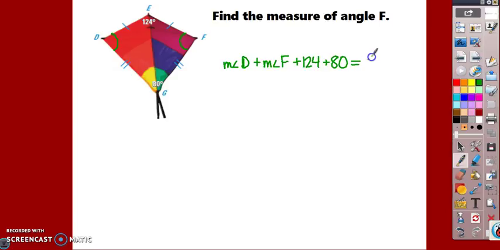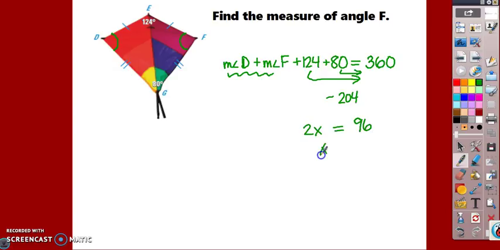N minus 2 times 180 should add up to 360. 4 right angles would make that. So that means that these 2 angles, if you subtract those over, are going to add up to, what do we have here? 204. So you subtract over 204 and you get 96. So those two, 40.